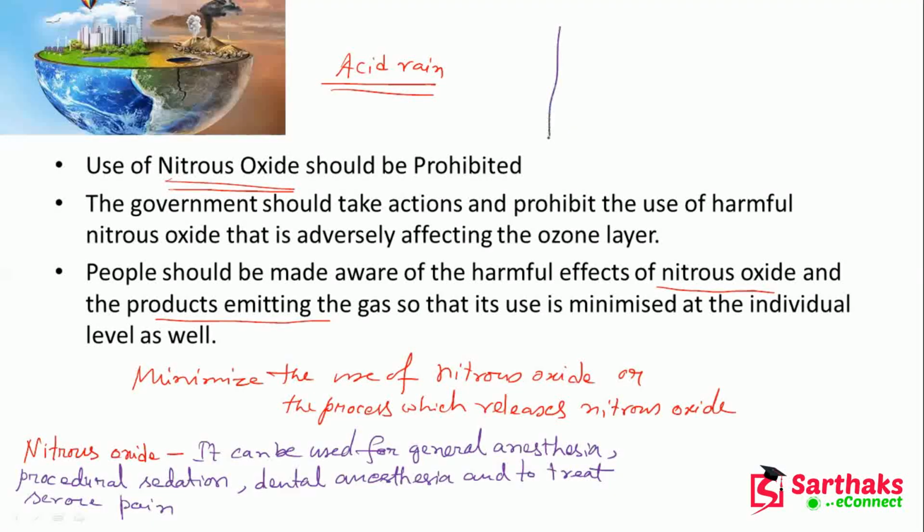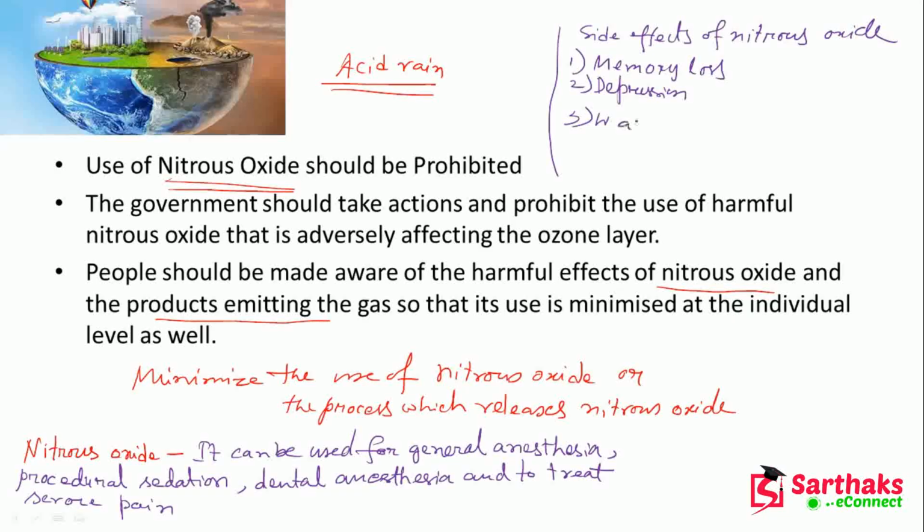The side effects include memory loss, maybe depression, psychological dependence, psychosis, and a weak immune system. We can have a weak immune system if we are using a lot of this type of thing.